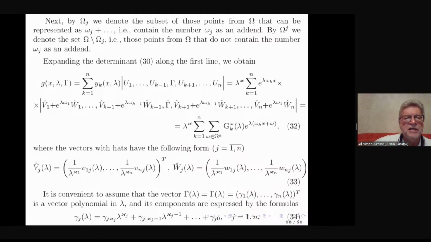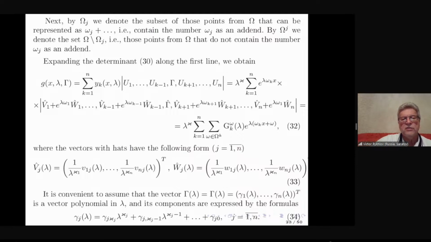Next, by omega sub j we denote the set of those points from omega that can be represented as omega_j plus dots, that is, contain the number omega_j as an addend. By omega super j we denote the set omega minus omega sub j, that is, those points from omega that do not contain the number omega_j as an addend.